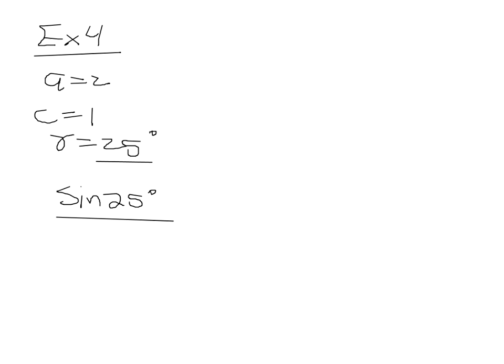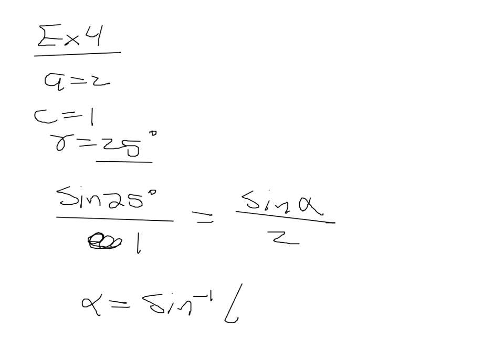So sine 25 over 1 is equal to sine alpha over 2. So alpha is equal to inverse sine of 2 sine 25, which is 57.7.